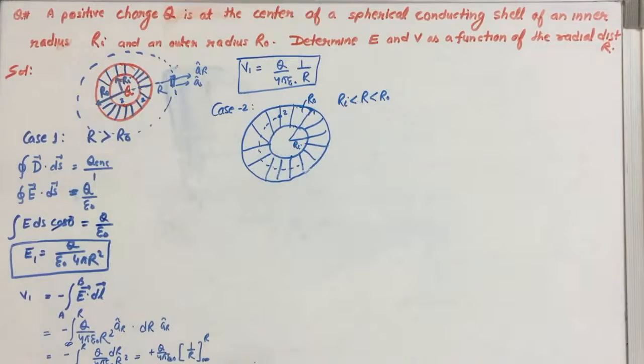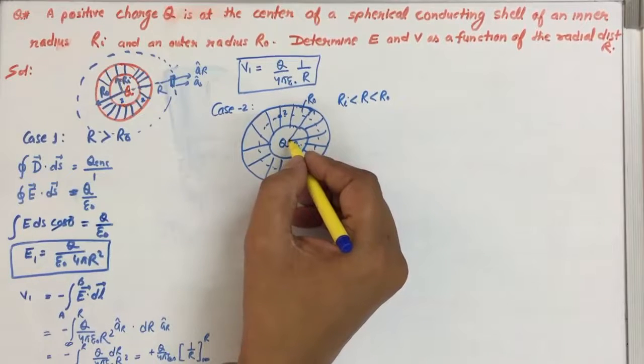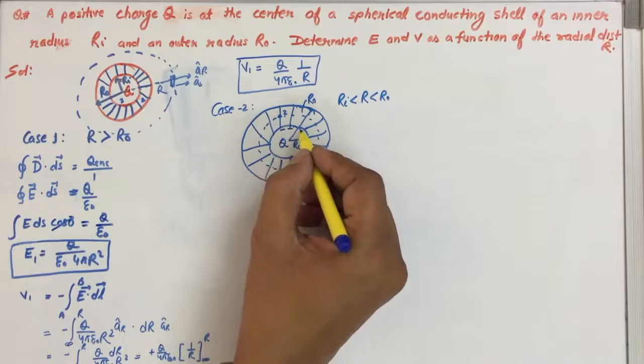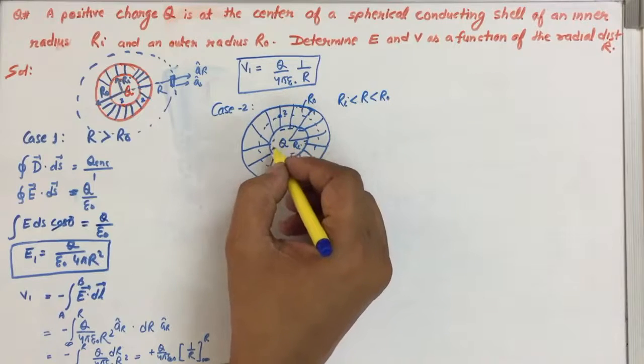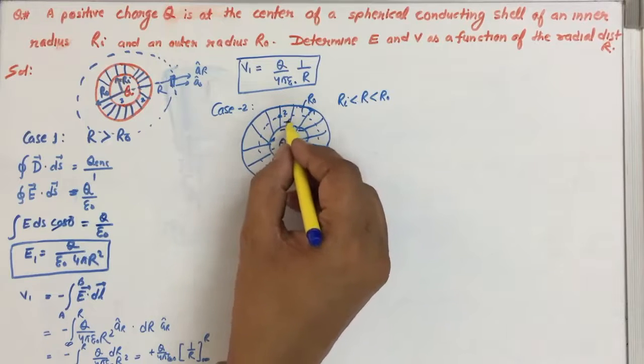Okay, in continuation of that, we know that if there is any charge, then it will induce a charge of opposite polarity here, that will be including all, it means for full surface it will be minus q.